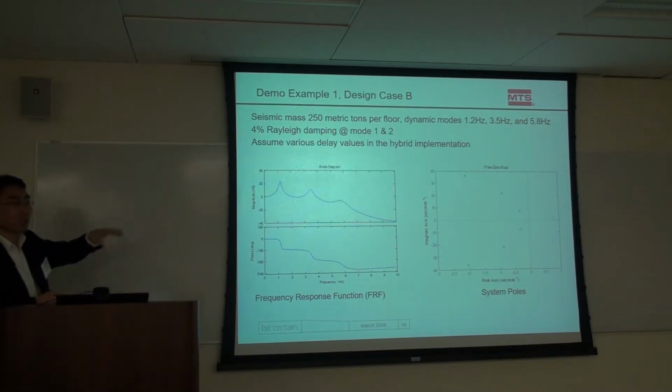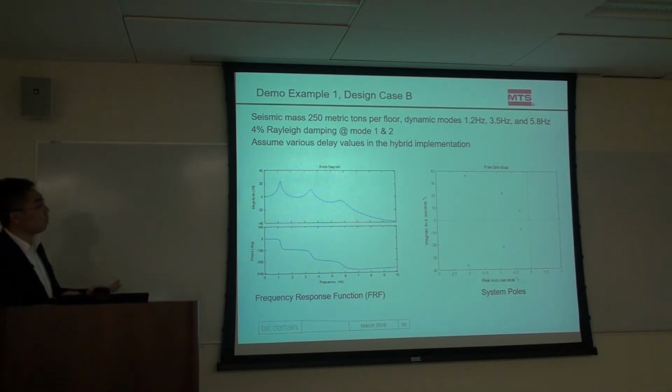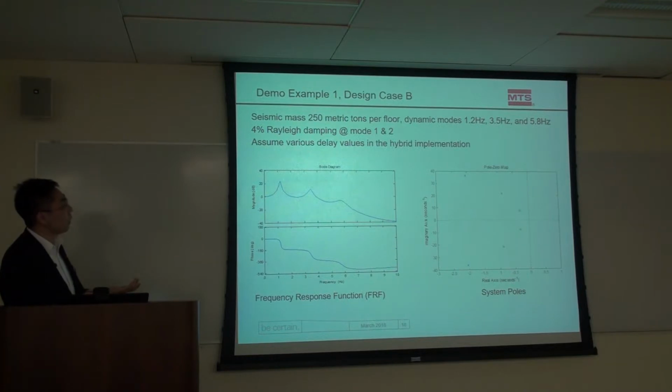Same physical specimen over there. So now if I lower my modes to be 1, 3, and 5 hertz, I started to see how sensitive this configuration is with respect to delay. With 1 millisecond of delay, okay, we did introduce some negative damping on all modes, but they are all stable at least.